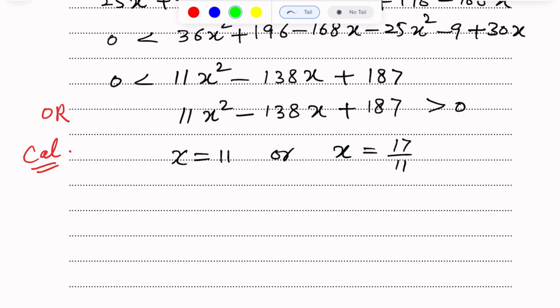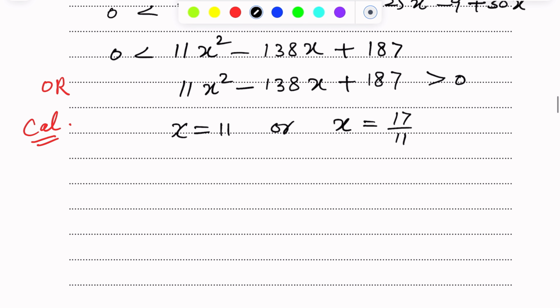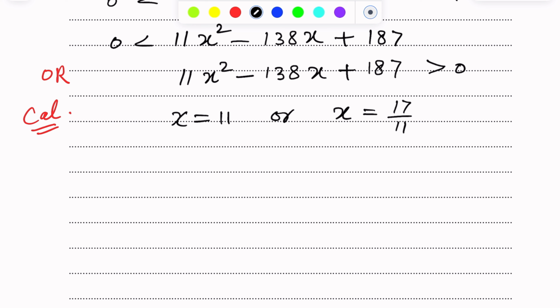So we can write this inequality in the factor form: (x - 11) into (x - 17/11) is greater than 0.